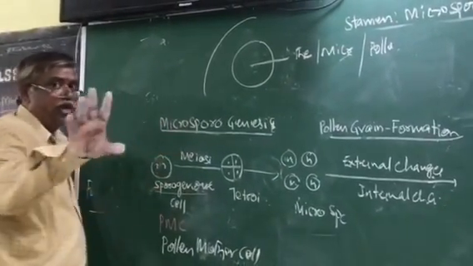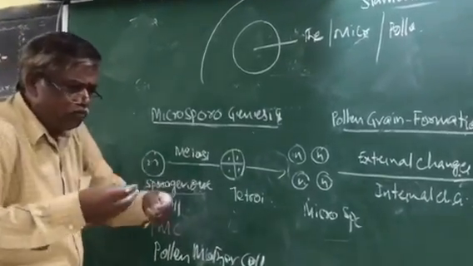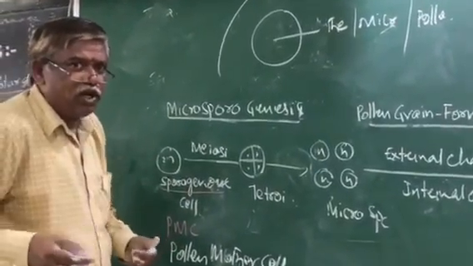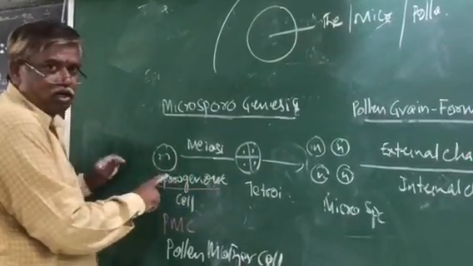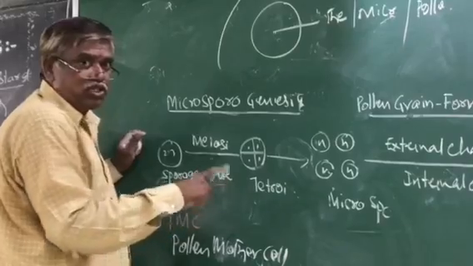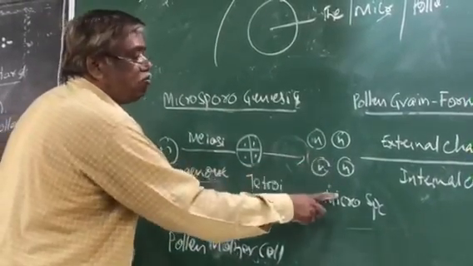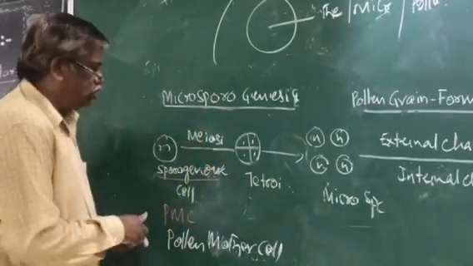Sporogenesis. Now come to the final definition. What is this? Microspore. Now I change it a little bit. Previously I gave the definition: diploid sporogenous cells undergo meiosis and form haploid microspores, but with a little change.